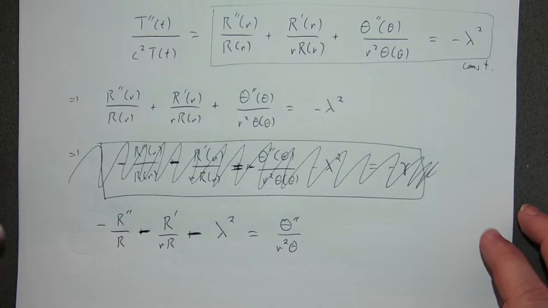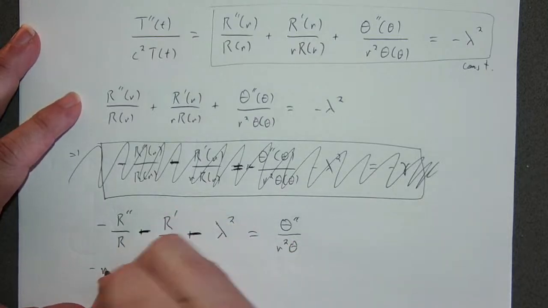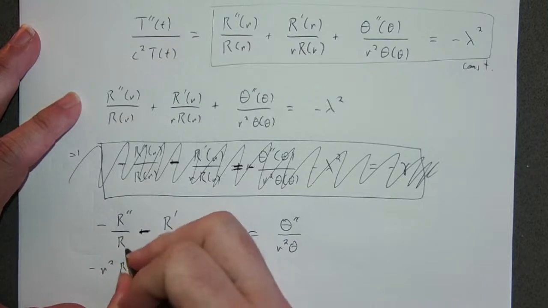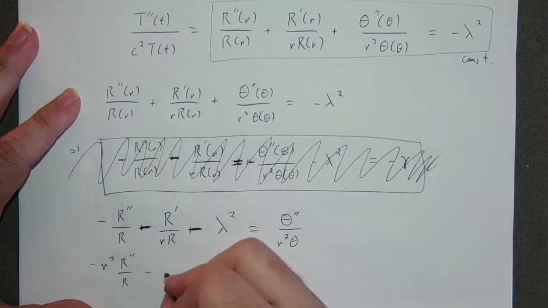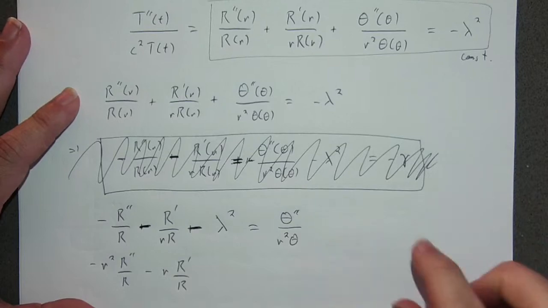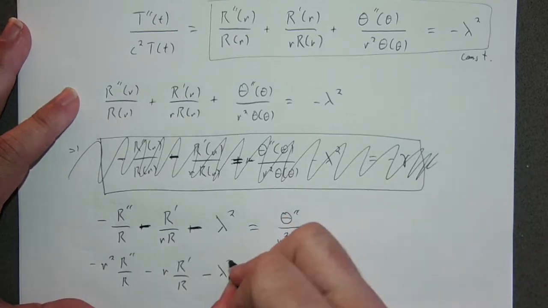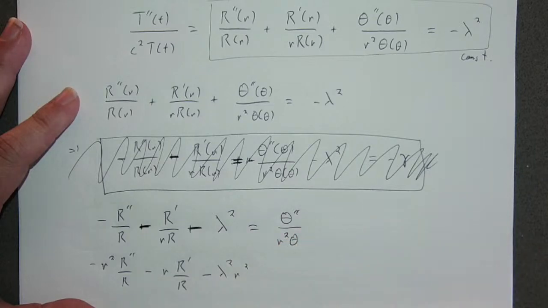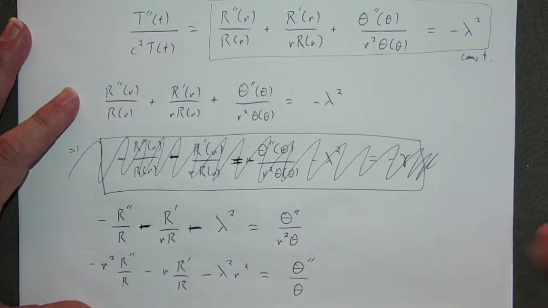So here if I multiply by r squared, then this is like minus r squared r double prime over r minus r prime over r minus r squared lambda squared, and that is equal to theta double prime over theta.